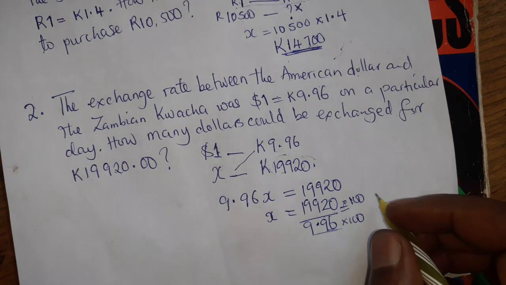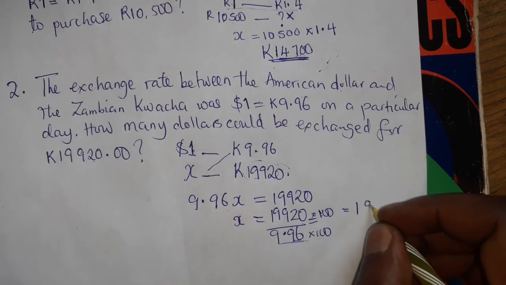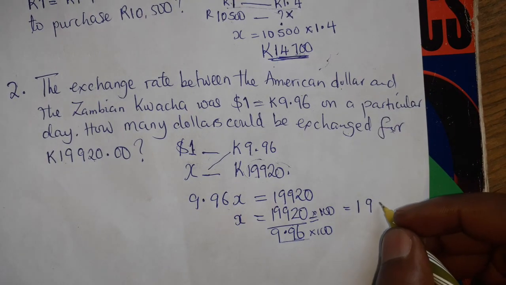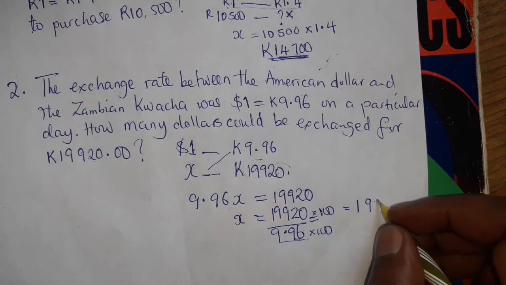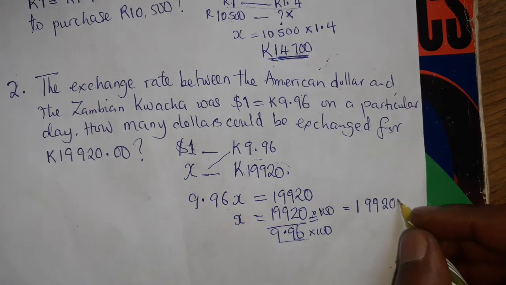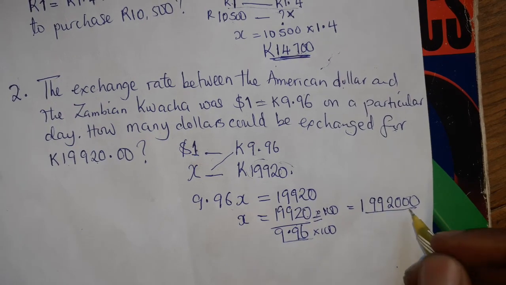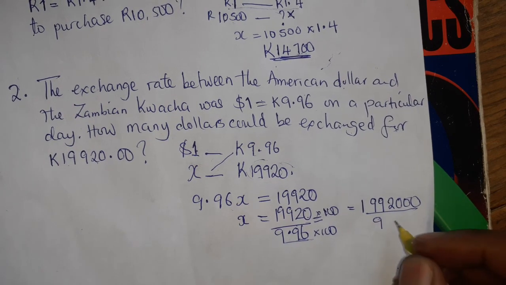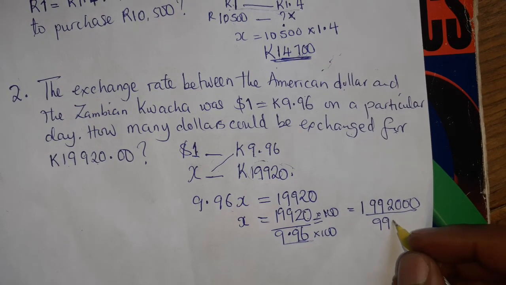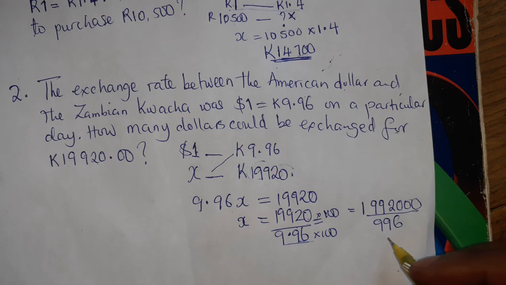So meaning we are going to have 19,920 over 996.